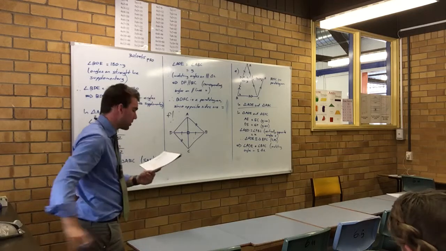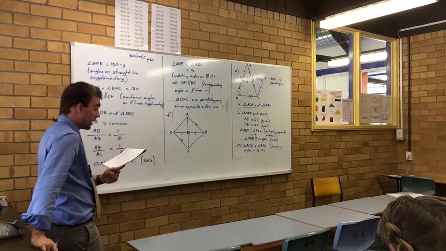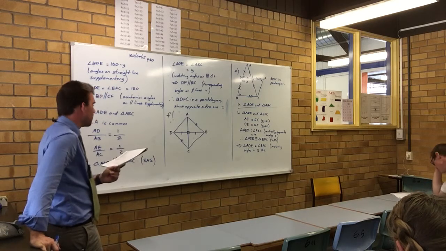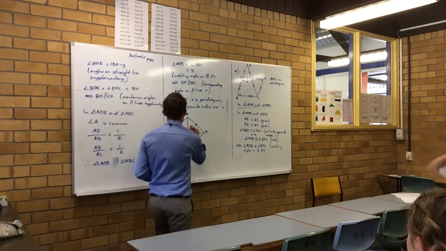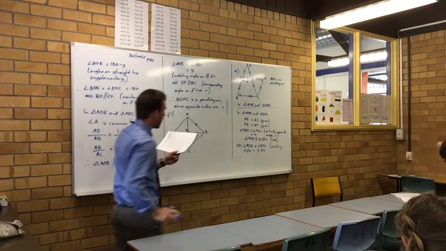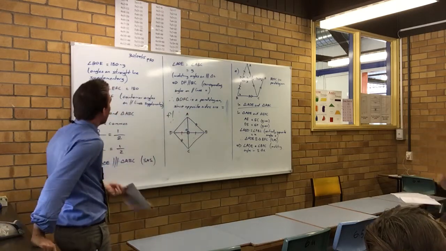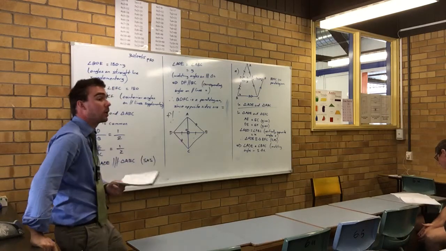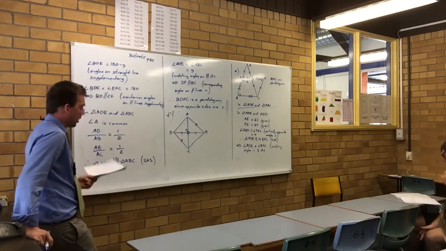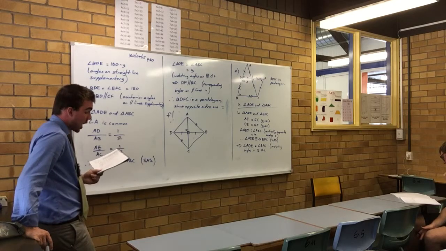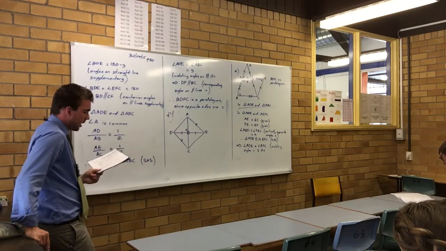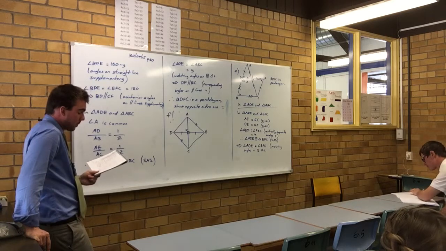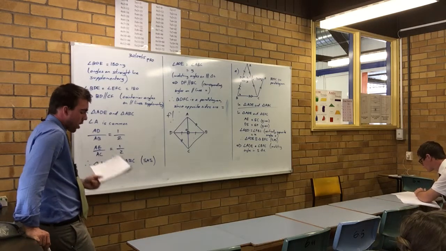Okay, so again, reading the question. In quadrilateral ABCD, AB is equal to CD, yes. DO equals OB, yes. And AC perpendicular to BD. So perpendicular means meet at right angles. We need to show that ABCD is a rhombus.